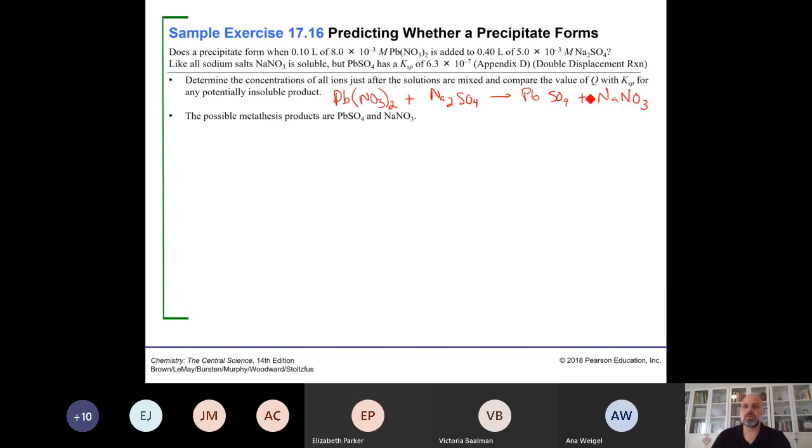There's going to be two of these. So this is just a double displacement reaction. All we did was swap the sodium ions for the lead ions. Hopefully this makes sense to everybody. We know that sodium nitrate is completely soluble, so this is going to be a completely aqueous solution.